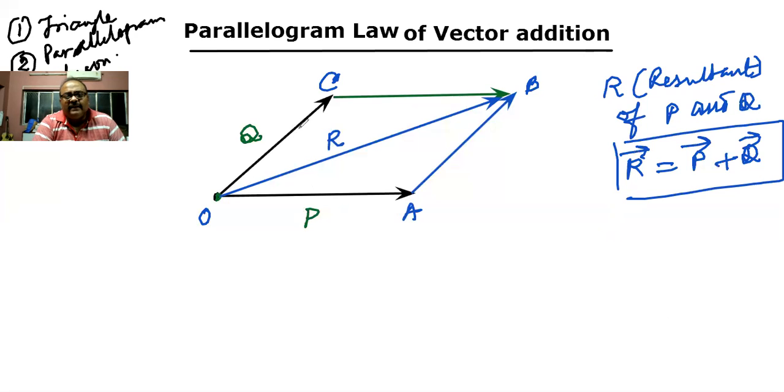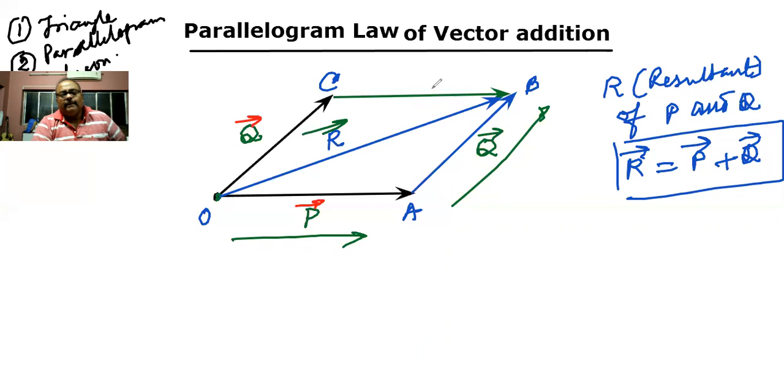So I can say that OC is equal to AB, so this is actually your Q vector. If you go by the triangle law, which I explained just now, OA plus AB gives you OB. So that is the resultant vector. You will find the same logic by the triangle law also.